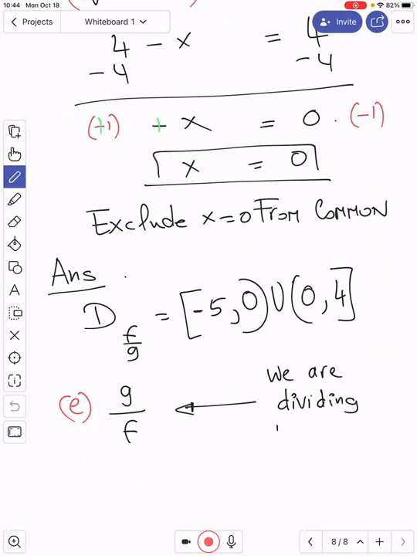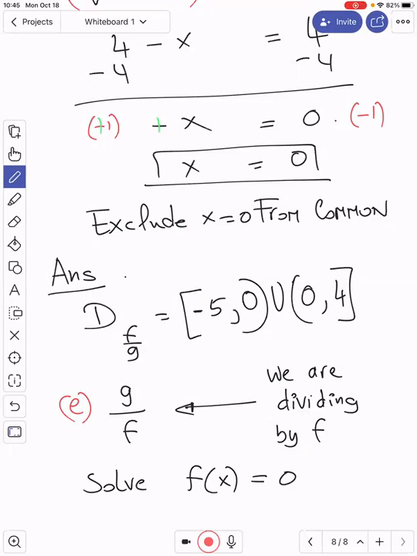So that's why we need to solve f of x equal to 0, not g of x. Okay, so that's the difference between D and E. In D, we solve g of x equal to 0, and you exclude the answer from the common domain. In E, we solve f equal to 0.